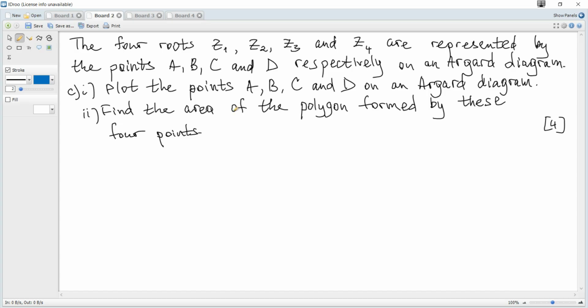The next, the four roots are represented by the points A, B, C, D respectively on the Argand diagram. Plot the points and find the area of the polygon formed.